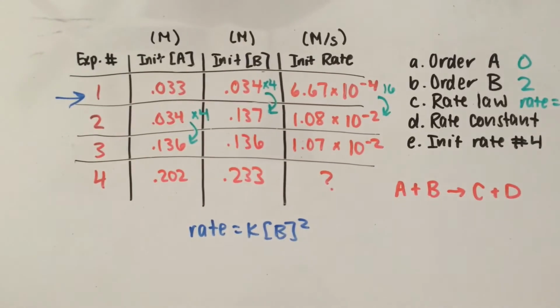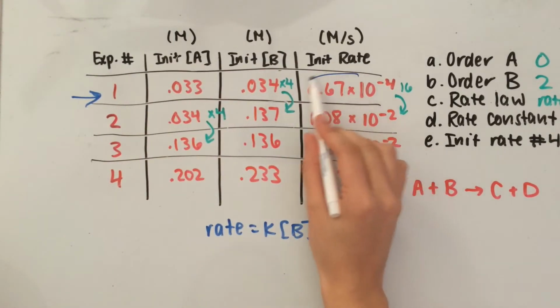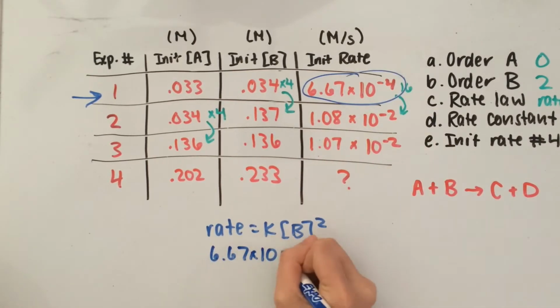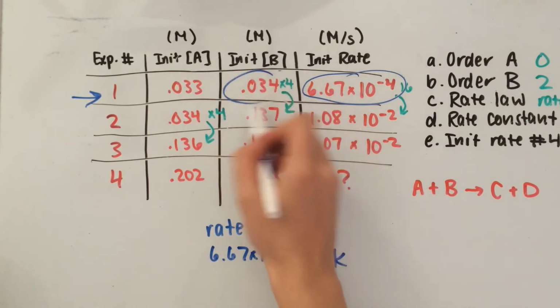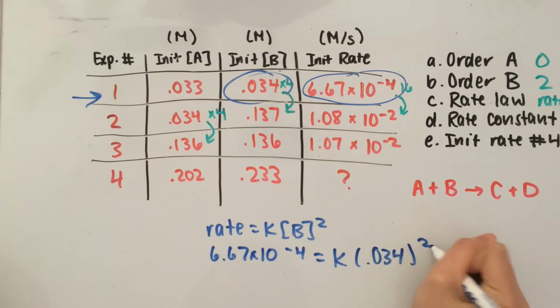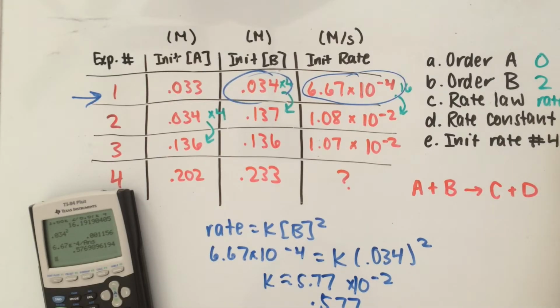Plugging in experiment 1, the rate is 6.67 times 10 to the negative 4, which equals k times the concentration of B, 0.034. And don't forget, we have to square it from the rate law. Solving, we have our answer for k.